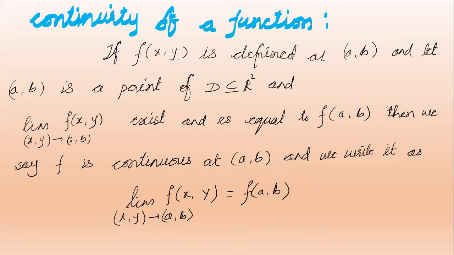If f of x comma y is defined at a comma b, where a comma b belongs to D, a subset of R square, this is a point, an ordered pair, and the limit as x comma y tends to a comma b of f of x comma y exists and is equal to f of a comma b, then we say f is continuous at the ordered pair a comma b, and we write it symbolically as limit x comma y tends to a comma b of f of x comma y equals f of a comma b. This is the definition for continuity.